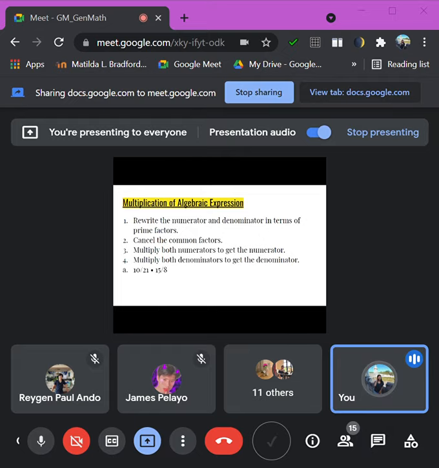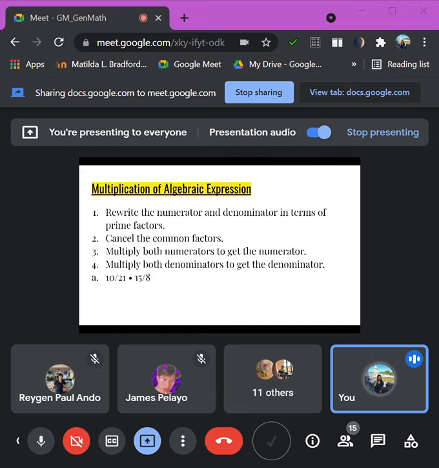So for example, this one. This is just multiplying fractions. Actually, the steps are the same, class. You only get confused when there are variables. Okay?